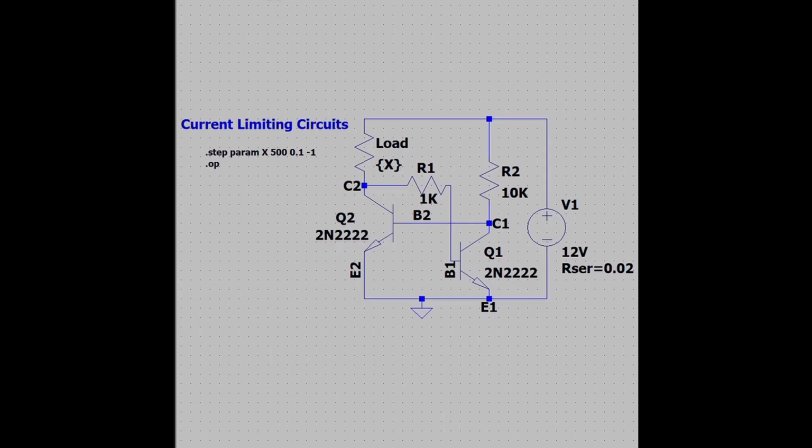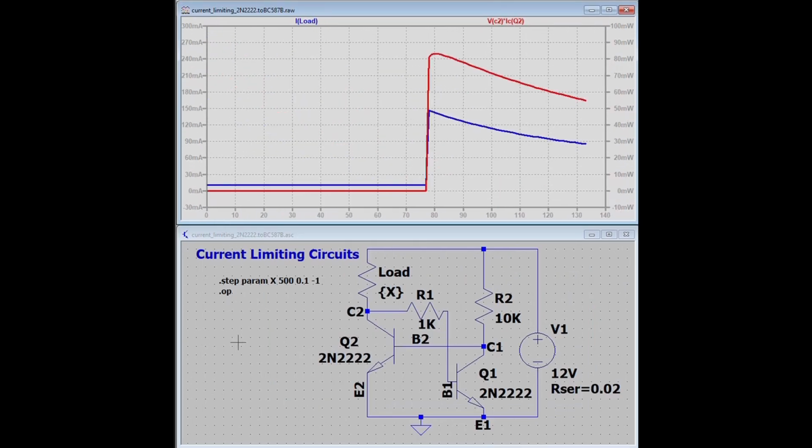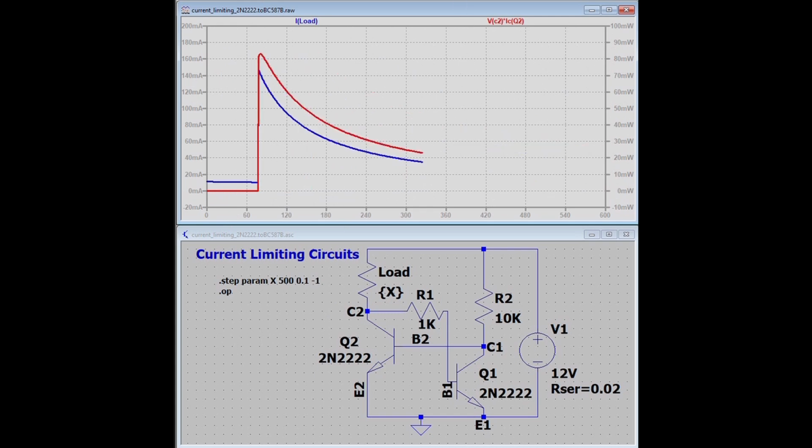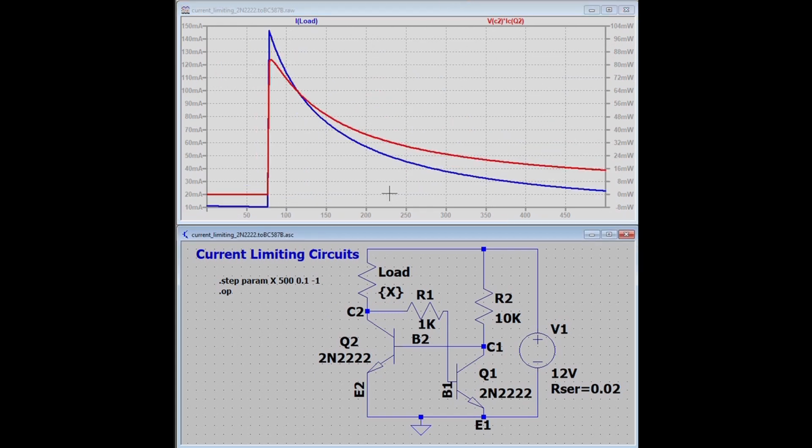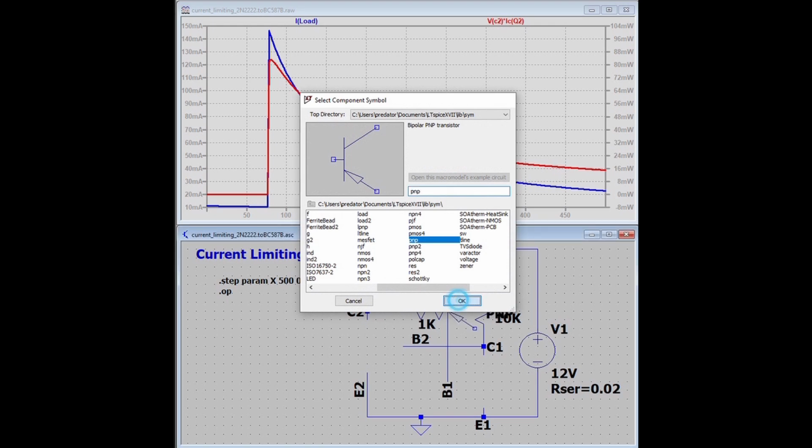Let's see how the circuit will now behave. Changing the NPN transistor to a PNP and inverting the power supply poles, this is what we get.